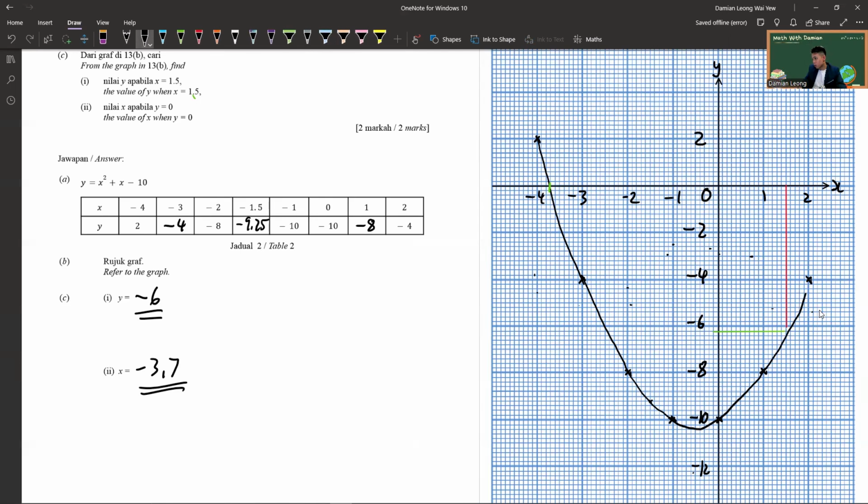I think should curve a bit more. Yeah, around there. So I'll put negative 6.2 lah. Okay, negative 6.2. Negative 6 is a bit too straight. Okay, around there. Plus minus a bit is fine.